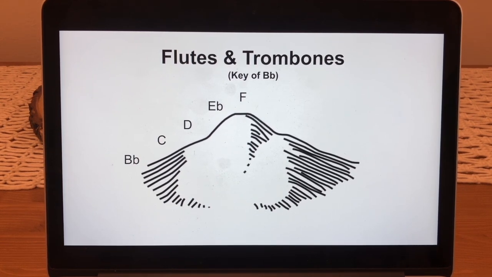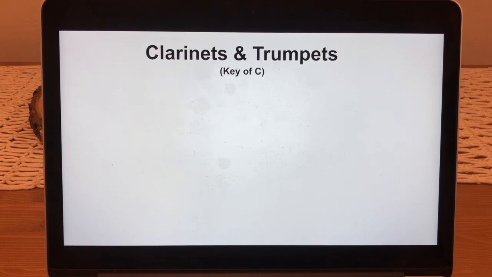And for flutes and trombones, we go from B flat all the way up to F, and then look, we have to go back down. E flat, D, C, and then B flat. So it's the same idea for the different instruments, but since they're in different keys, they start on different notes.